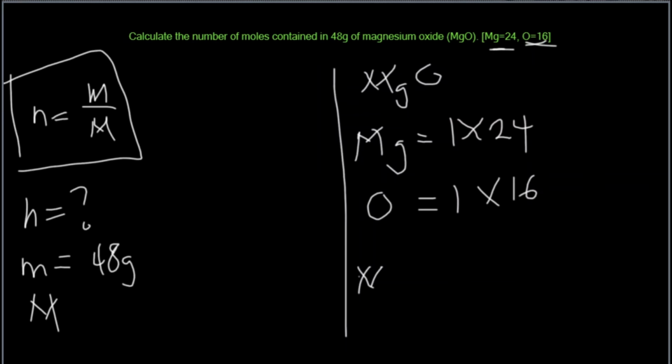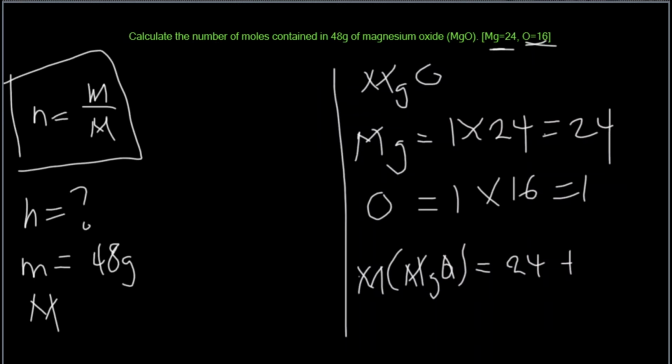So molar mass of MgO will be equal to 24 plus 16. So 24 plus 16 will give you 40 grams per mole. So that's the molar mass.